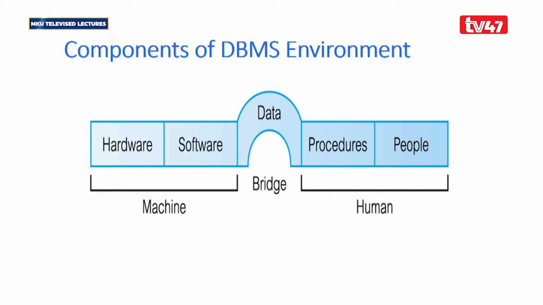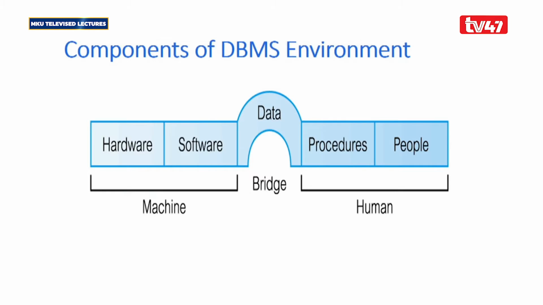We also have the software. In this case, we have mentioned the DBMS, and we might even have other integrated software within our hardware or within the computer itself, so that we can access the data that we are storing.